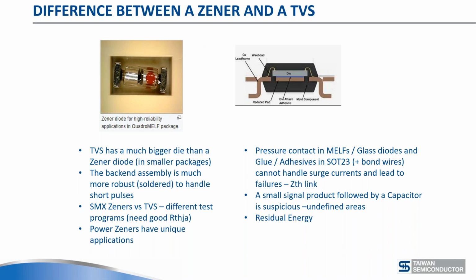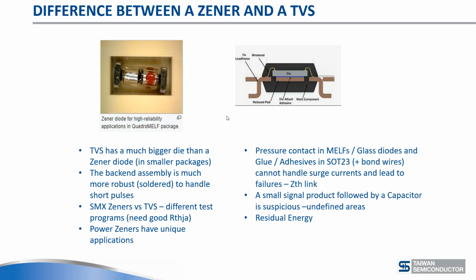And I just took some Wikipedia drawings here. I don't want to insult any supplier or anything like that, but these things are actually pressure contacts, the dime here with the copper slug. These are pressure contacts, and whatever the die adhesive, sometimes they're not soldered, and this also may be, or the small bond wire may be problematic for surges.